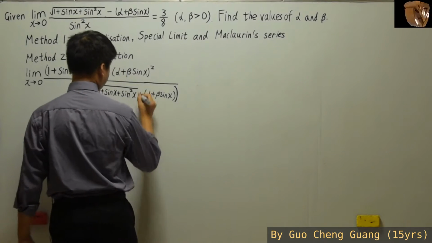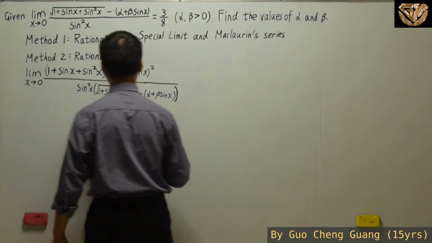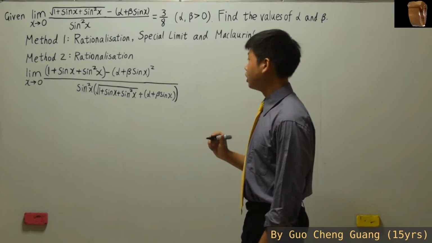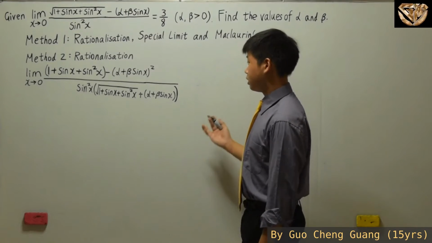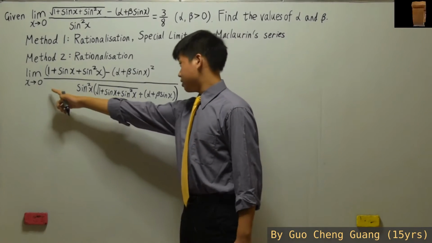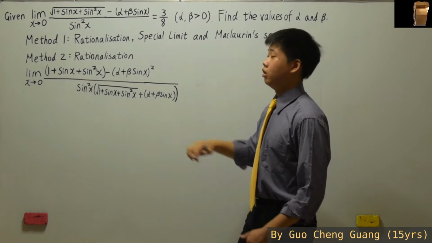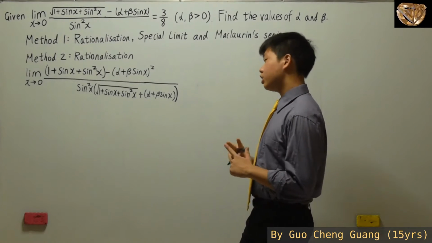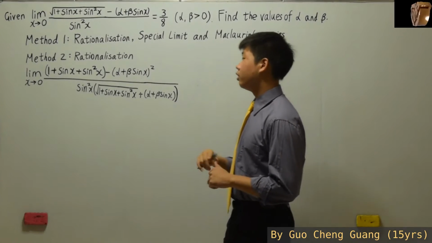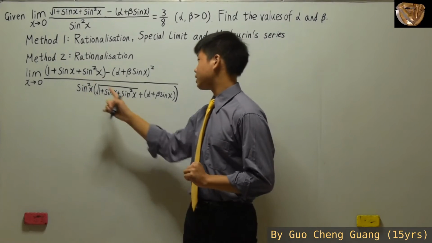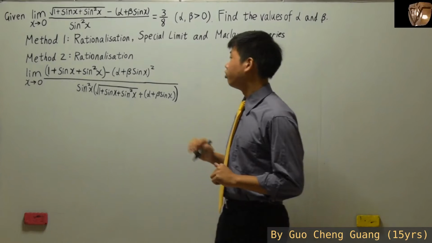Okay, so what's so special about this? What you can do next is to substitute x into the other part in the denominator. Now, why can we do so? There are two things that I have to look out for. The first thing is that when you substitute x in, you have 1 plus alpha.